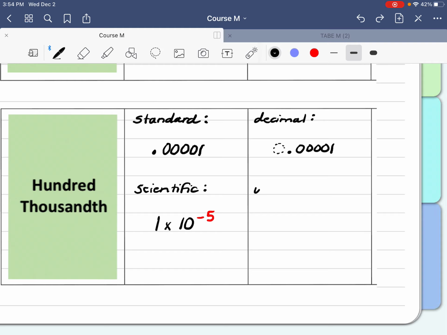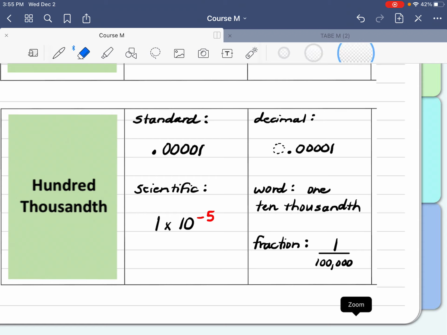Word form, I have a 1 in the 10,000th seat. And so fraction will be 1 over, not 10 thousandths, 100 thousandths.